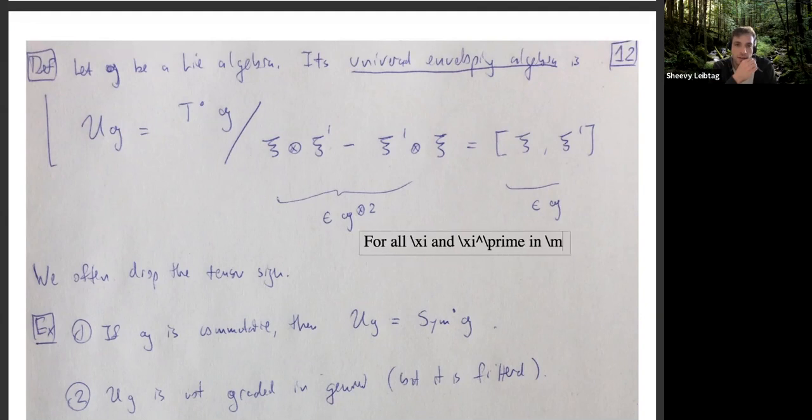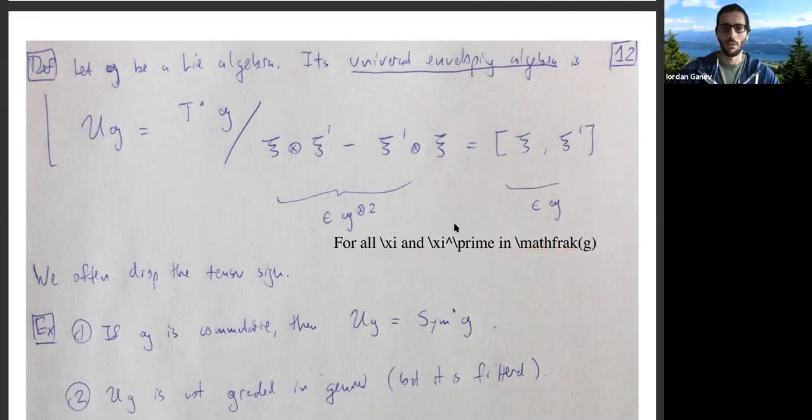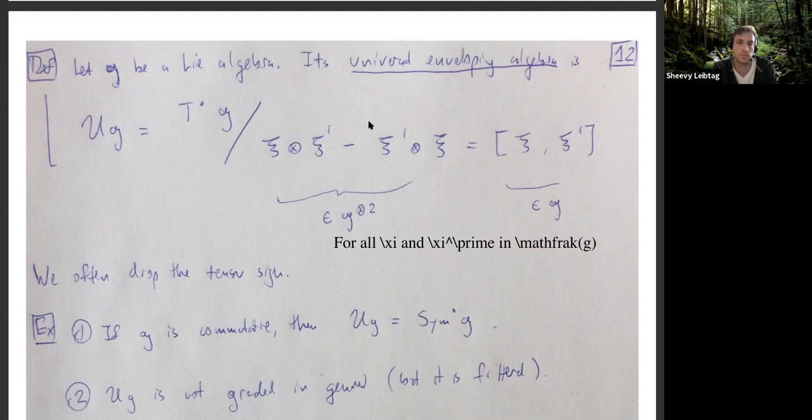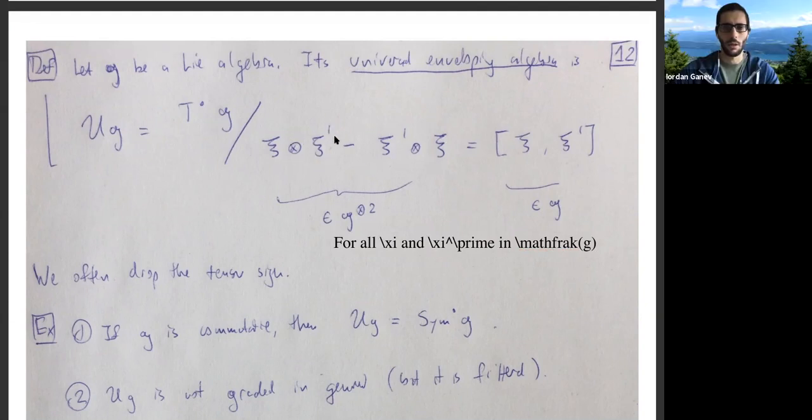Why is this ideal different than the exterior algebra ideal? Well, for one thing, it's not homogeneous. What we have on this side is a two-tensor, something that lives in the second tensor power of 𝔤, but the bracket of two elements in 𝔤 just lives in 𝔤 itself.